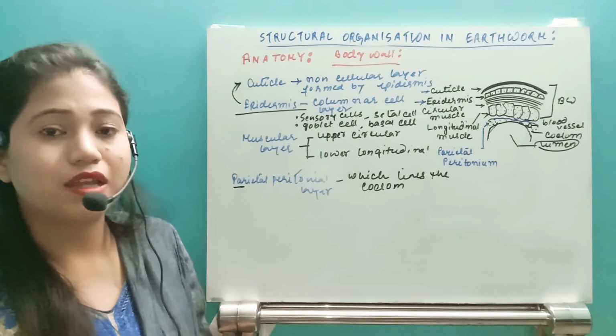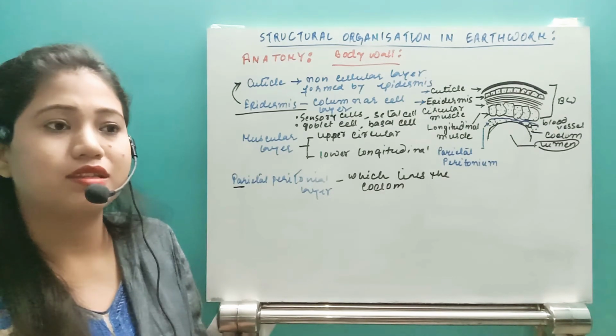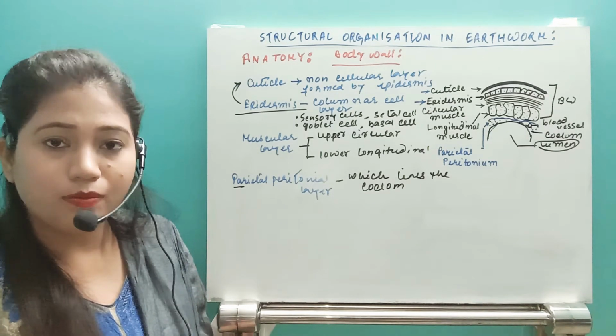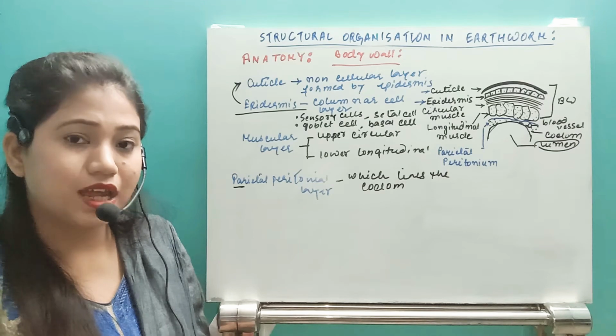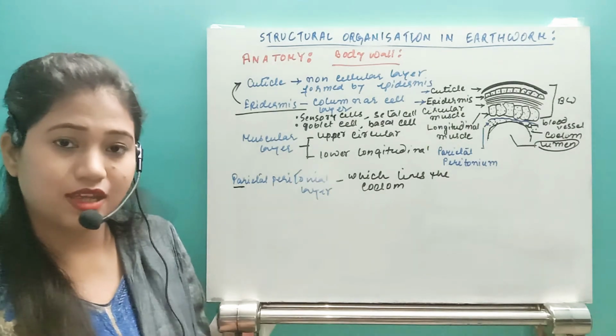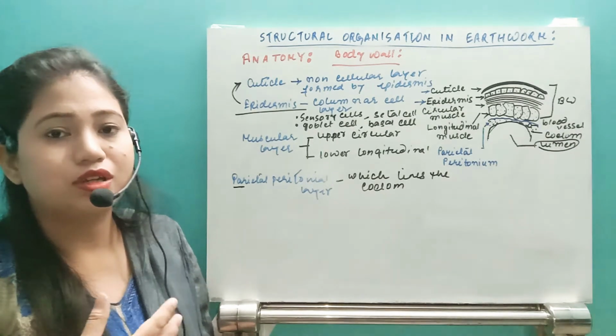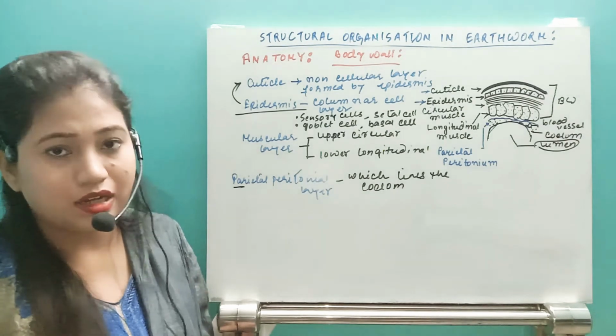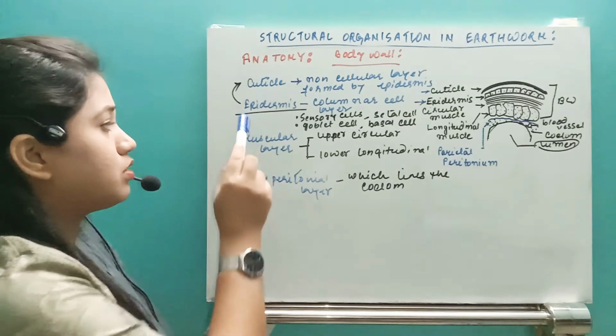Those sensory cells let the organism sense the intensity of light. They cannot see objects, but they can sense light intensity. They have touch receptors and many varieties of sensory receptors, all present on the epidermis layer.